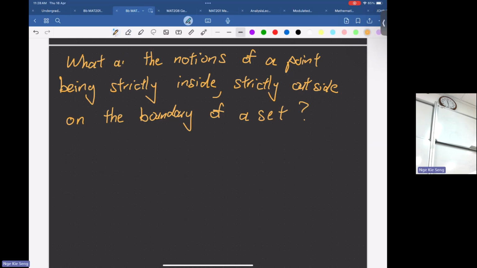What are the notions of being strictly inside a set, outside a set, or at the boundary of a set? We have to be very clear about this. By learning this, you need to learn how to determine what's your job and what's not your job: what's inside a set, what's outside a set, what's at the boundary of the set.